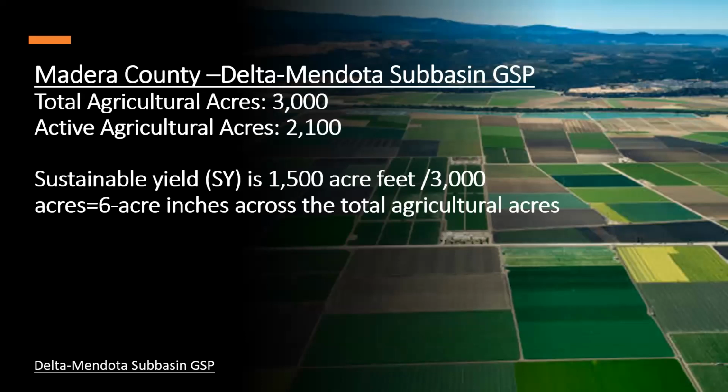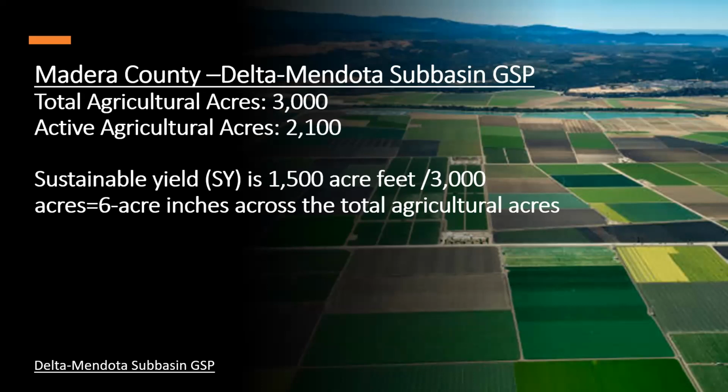In this particular GSA, GSP plan, there's 3,000 acres that are farmed, 2,100 are active. So your sustainable yield is 1,500 acre feet divided by 3,000. You get 6 acre inches of total available water per farm area that you have.